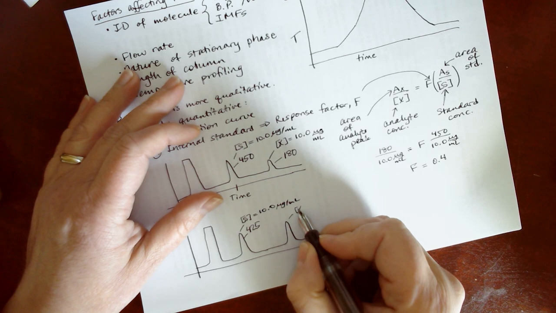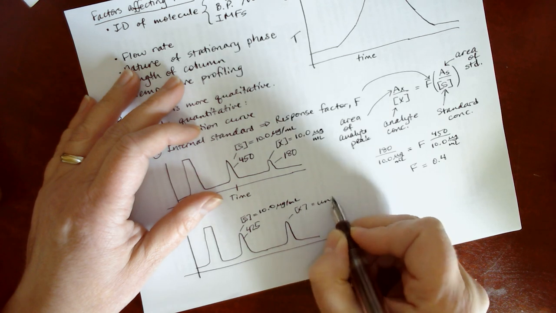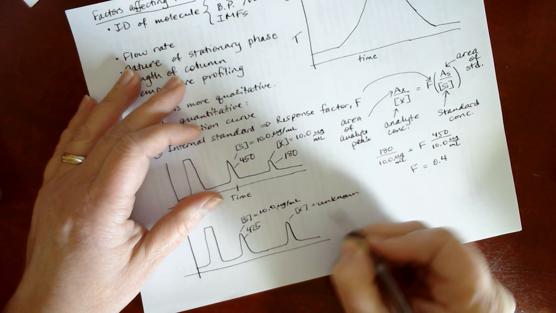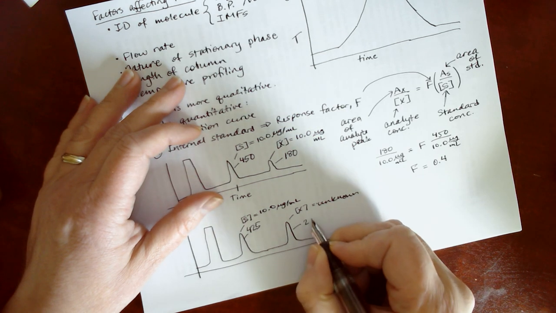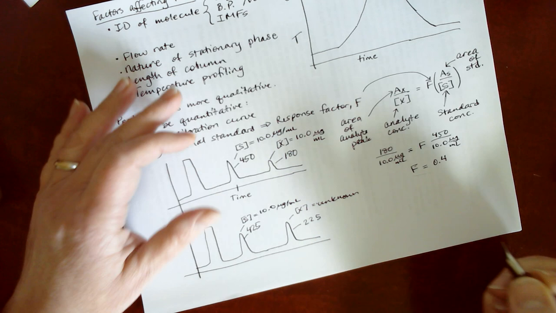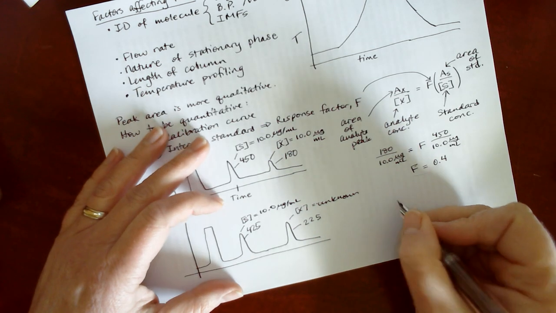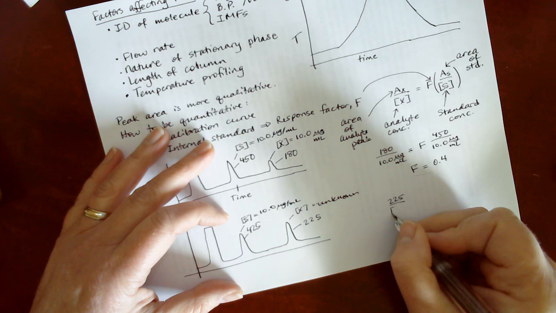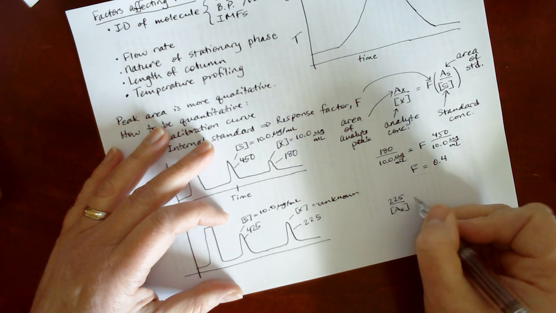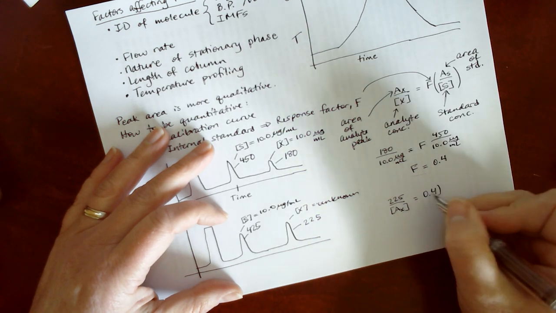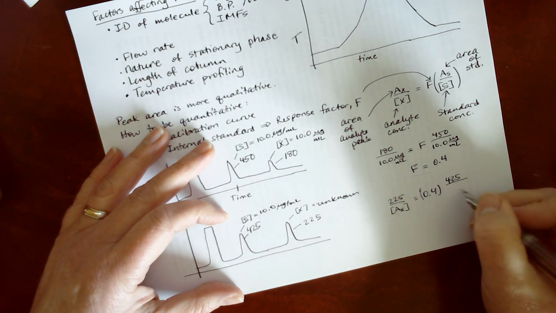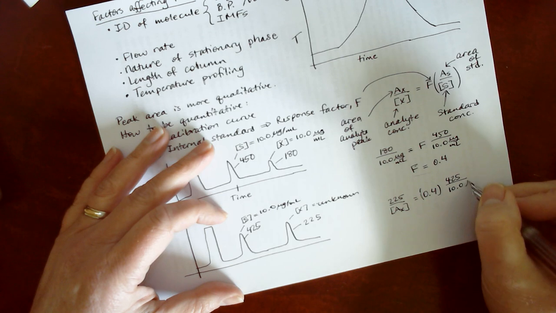So this time this is our unknown, what the concentration is, but the area, let's say, was 225 units. So now when we run this through, we're going to say, okay, we got 225, and then we're trying to find the concentration of our analyte. Our response factor is 0.4, and we got 425 over our 10 micrograms per milliliter.